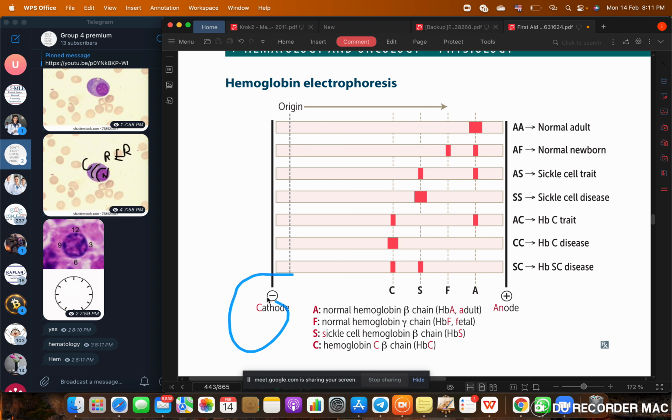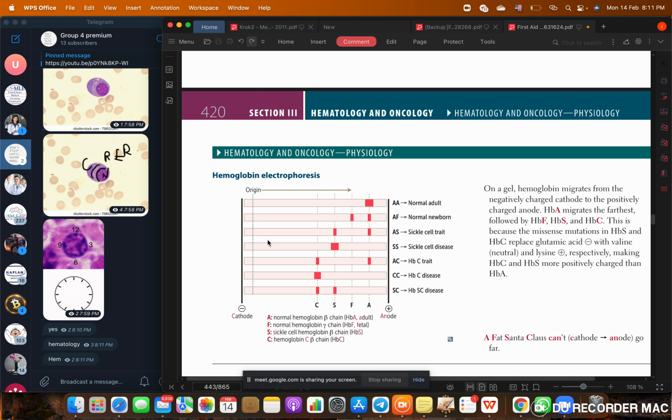The negative end is here, the positive end is here. The negative we call a cathode, the positive we call an anode. The electricity is going to pass from negative to positive. According to the charge and the weight of the particle, it's going to be distributed.